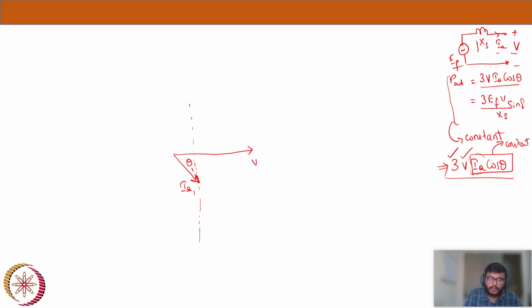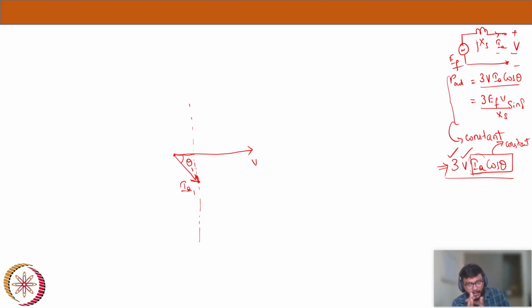Now this is V, this is IA1, this is theta1, and this is IA cos theta. So this has to be constant. The tip of the current phasor IA must stay on that line, because that determines the length of IA cos theta.